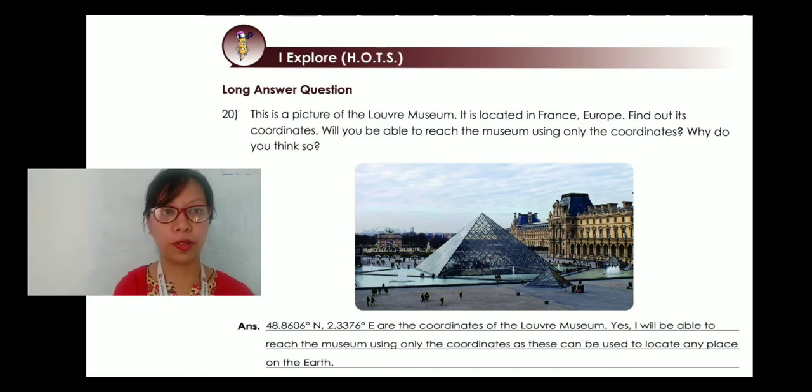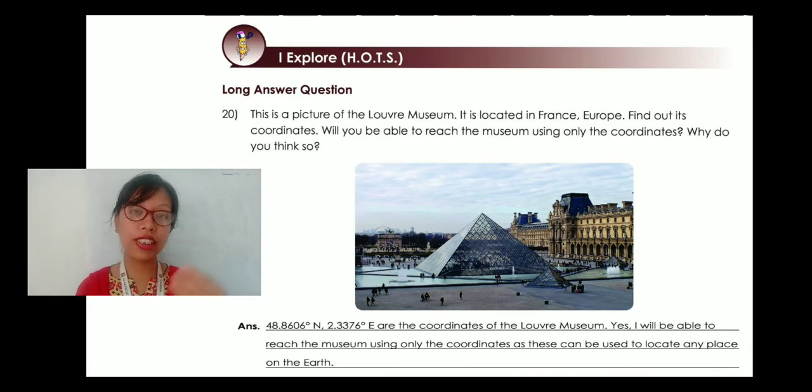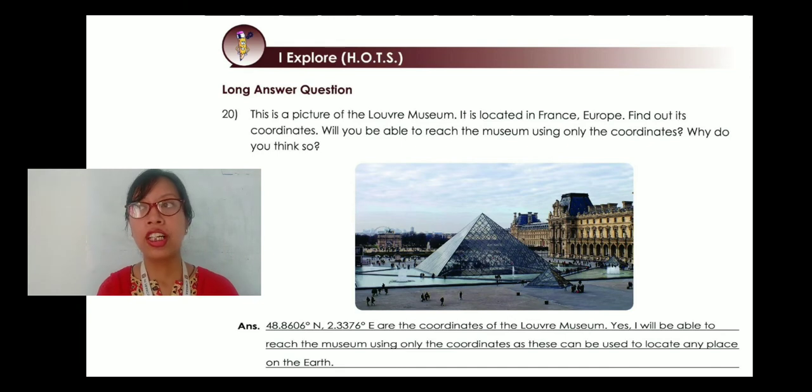Now, why do you think so? It is possible, right? Because we have the coordinates with us, and with the coordinates we can locate any place on the earth. Now, as I have shown you in the GPS, suppose you are going to a tourist place, visiting a new place, and you want to visit a particular place but you don't know the route. What are you going to do then?